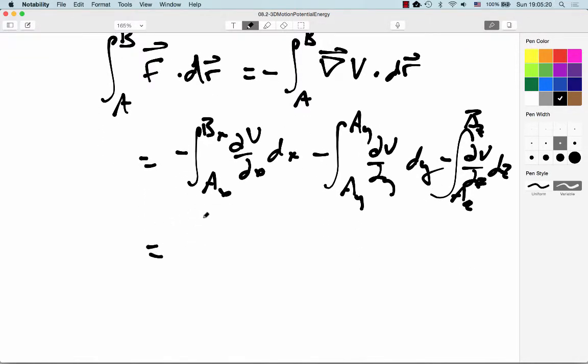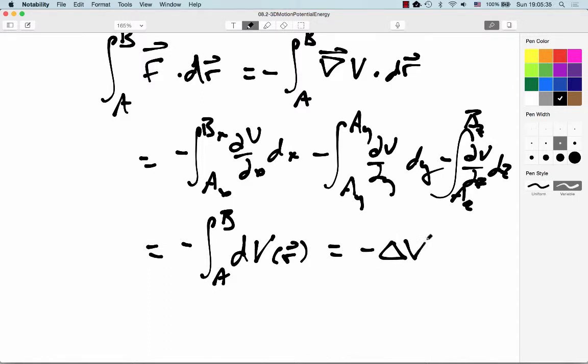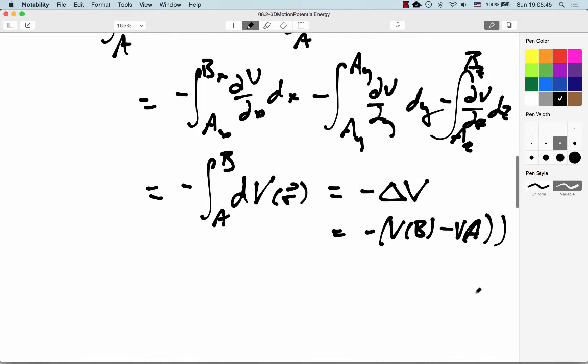And we can put that all back together and say that that's minus the integral from a to b of just plain dV evaluated at r. So this is minus the change in the potential energy, or minus V at b minus V at a, like we'd advertised a lot earlier.